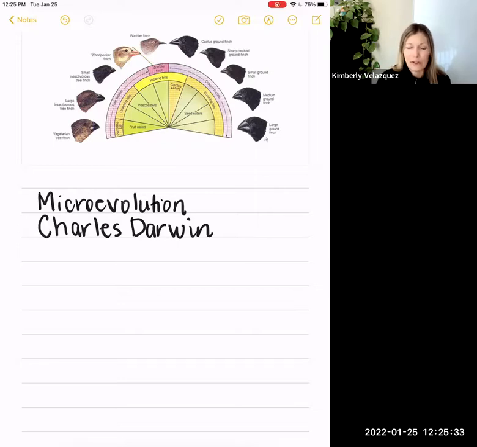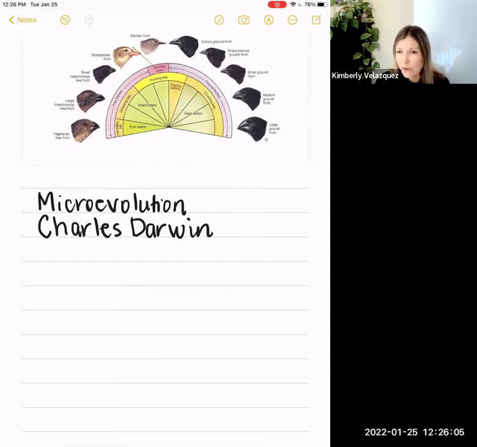He traveled for several years on this boat, and he took really great detailed notes and collected a lot of specimens and made a lot of really important observations. This picture that's being shown right above his name is a picture of Darwin's finches, and you can see a lot of variation in the beaks of these finches. And he observed that based on the shape of their beak, you could determine the diet of these birds.